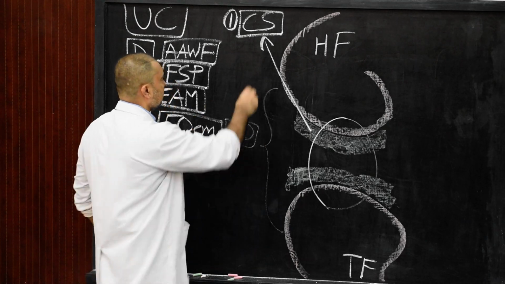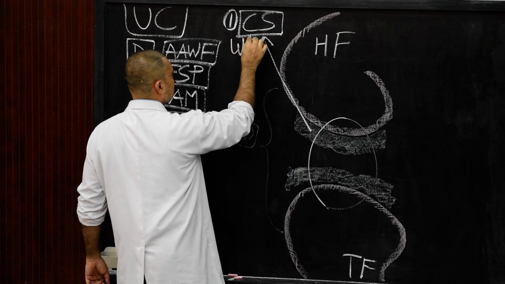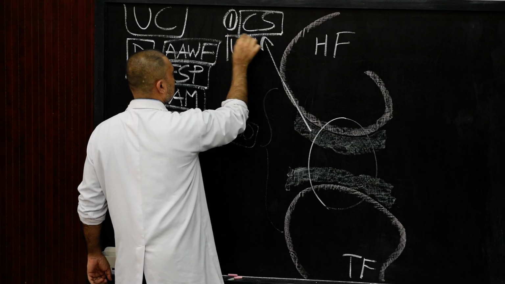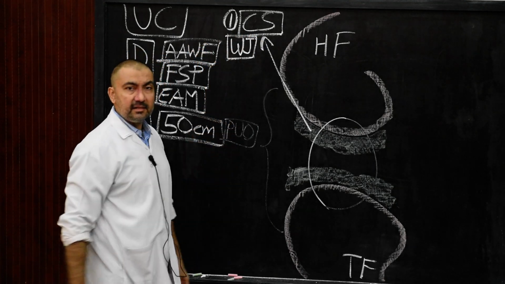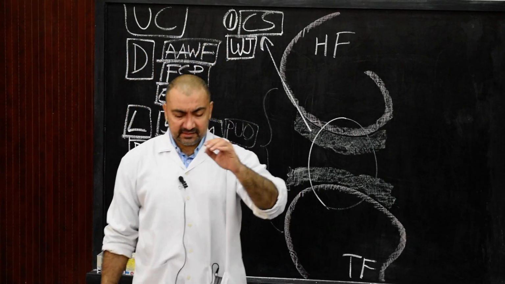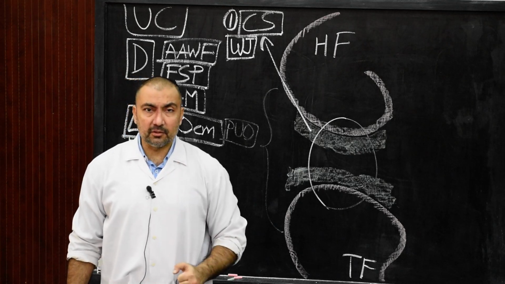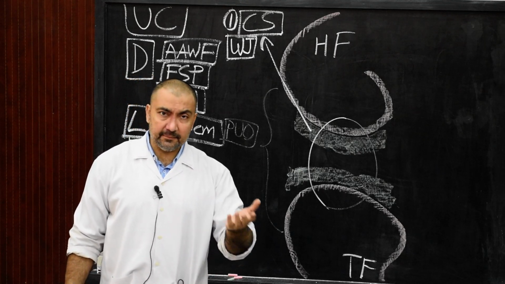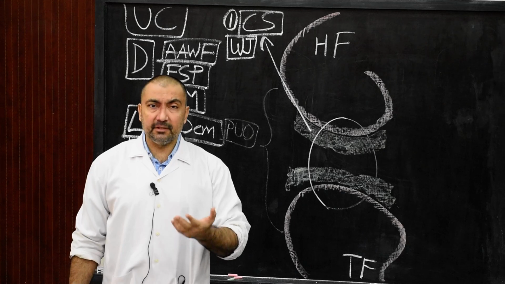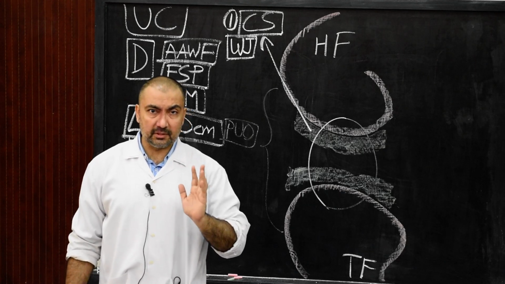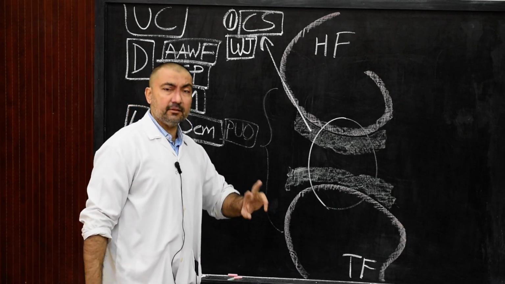Please write here Wharton's jelly. This is content number 1, the first content of the umbilical cord. Wharton's jelly is the same as the degenerated segment of the connecting stalk. Please note down, both are one and the same: Wharton's jelly or connecting stalk.